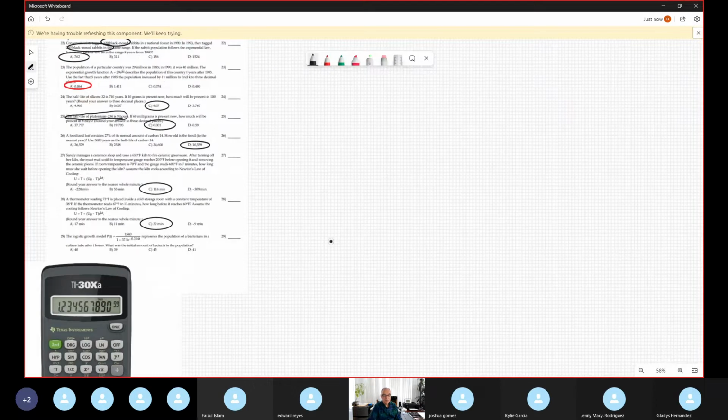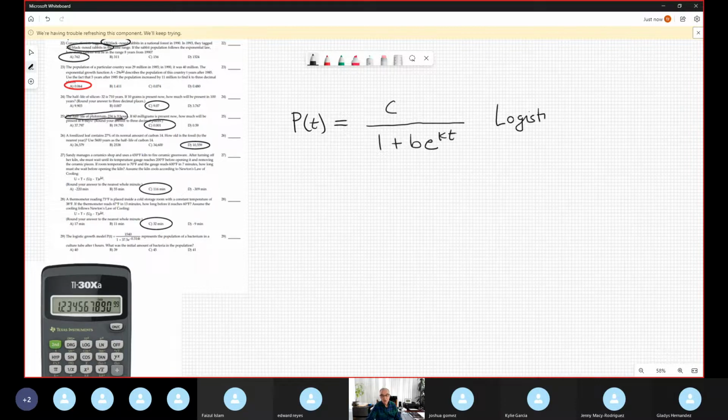The formula is: population at any time equals the carrying capacity, which is a constant, over 1 plus b e to the kt. It's the formula for the logistic model or logistic exponential, either way.